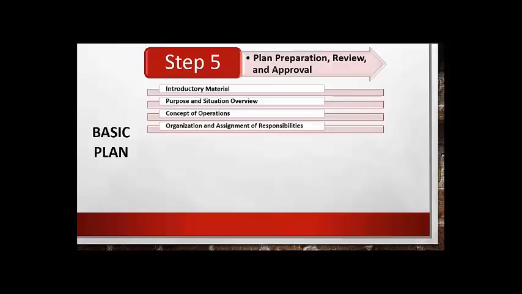Organization and assignment of responsibilities section. This provides an overview of the broad roles and responsibilities of school staff, families, guardians, and community partners, and of organizational functions during all emergencies. An example would be teachers will be responsible for the supervision of students and shall remain with students until directed otherwise.